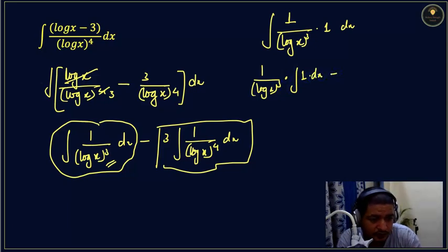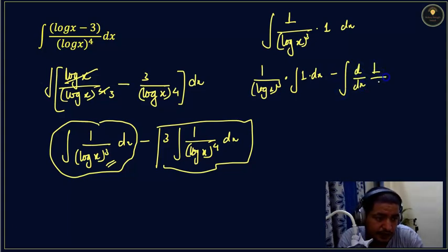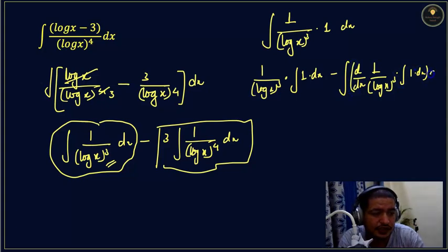Next, I will do the integration and then the differentiation of the value, and I will write 1 by (log x) to the whole cube, and again 1 into dx, and take the whole integration. Now you can write the value as x by (log x) to the whole cube, because the integration of 1 is x.